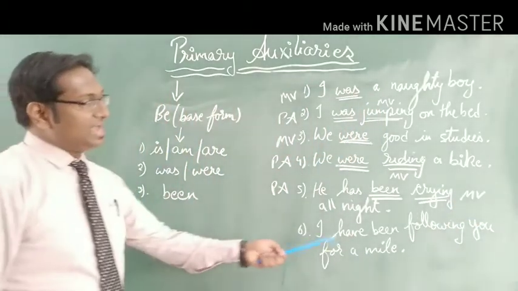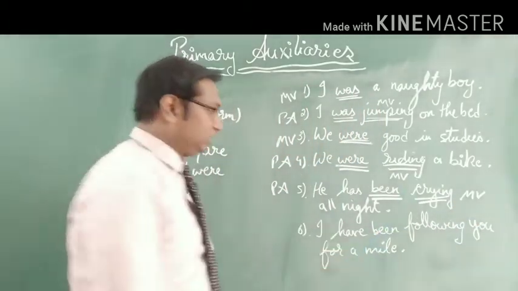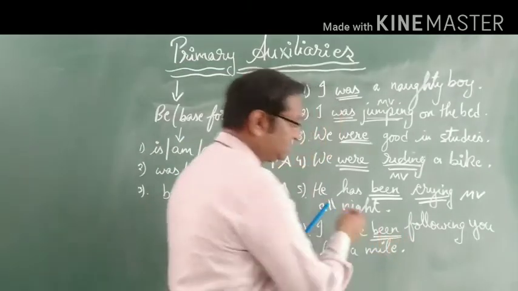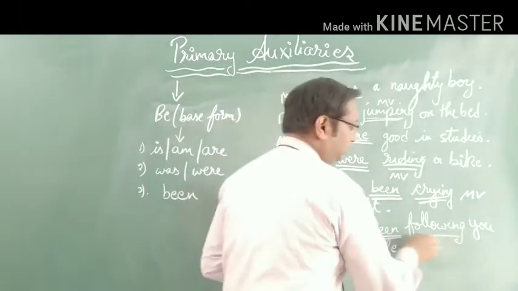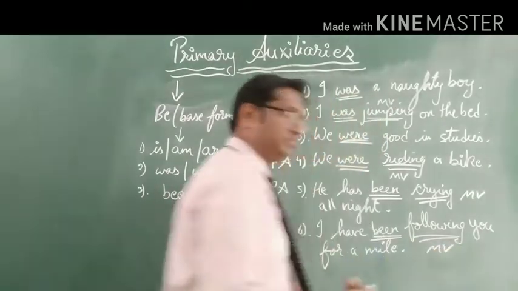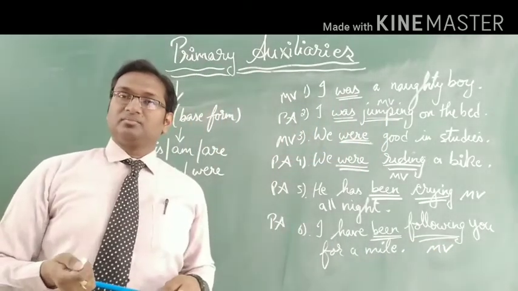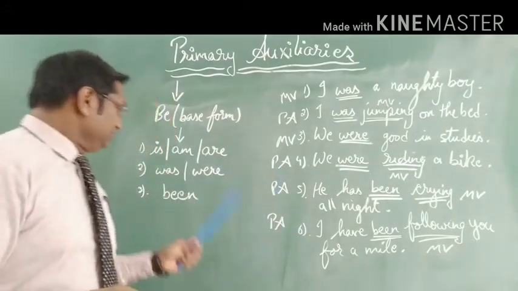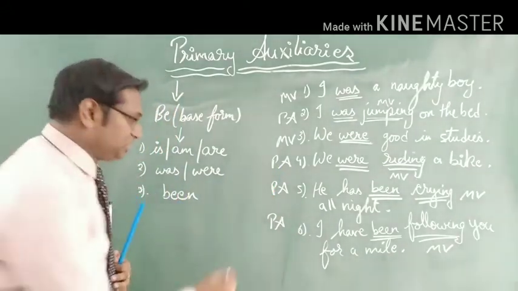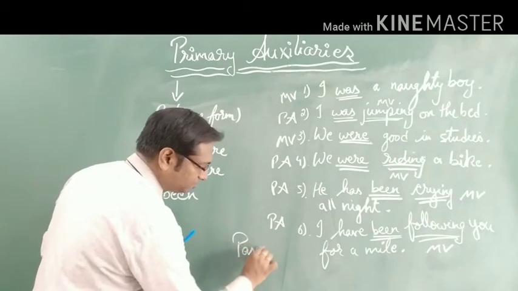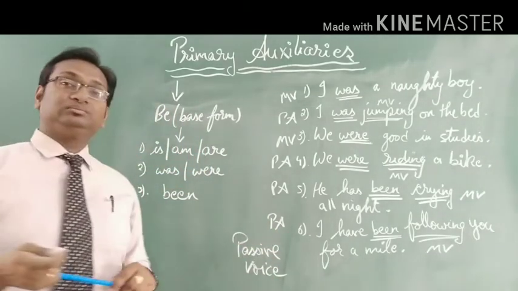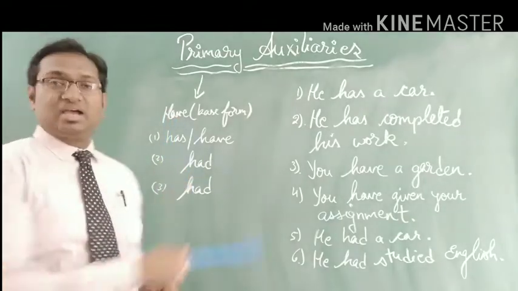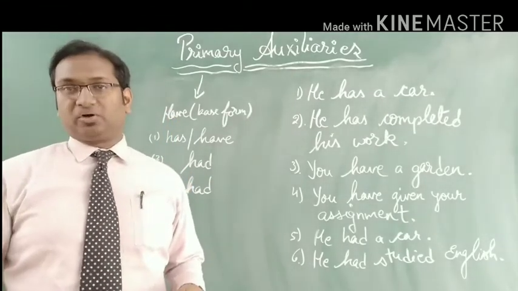Next, I have been following you. Here also been plays the role of primary auxiliary and following is your main verb. Now here been can also be used for passive voice. Next is your have, another base form.